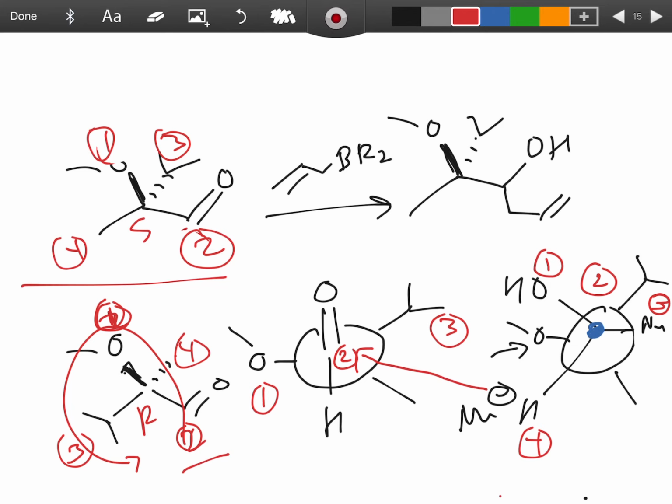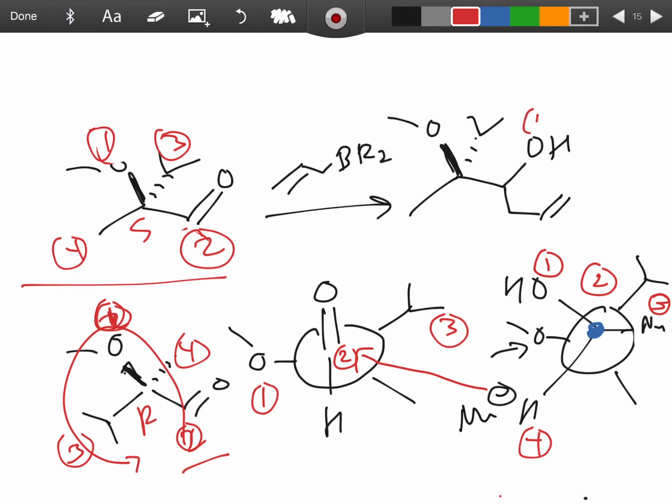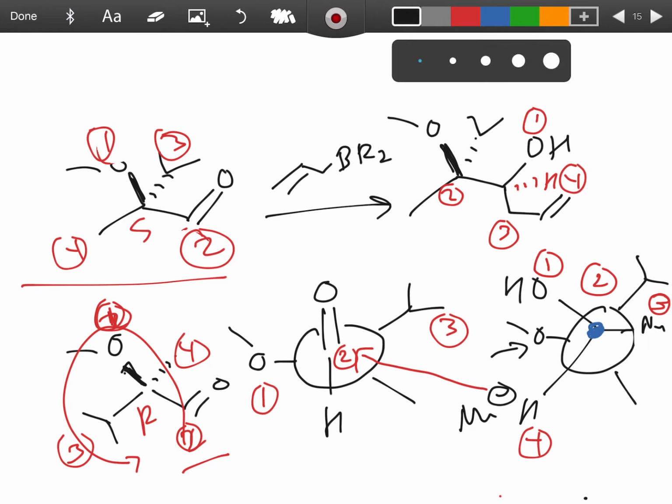So counterclockwise would be S, so we need to end up with S again. So if we went 1, 2, 3, hydrogen would need to be back, so that would put our oxygen forward. Seem reasonable?